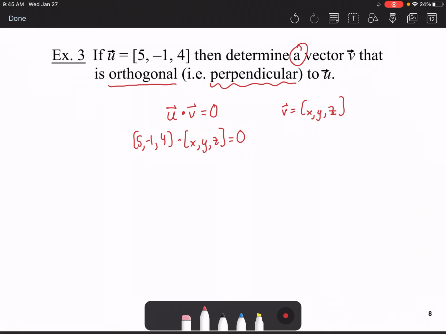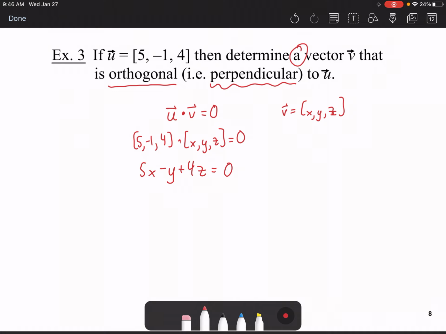That means there are multiple options for vectors that you can use. So if I use my dot product, I get 5x minus 1y plus 4z equals 0. So the best thing to do here is just choose values for x, y, and then maybe solve for z. Or choose values for y and z and solve for x.